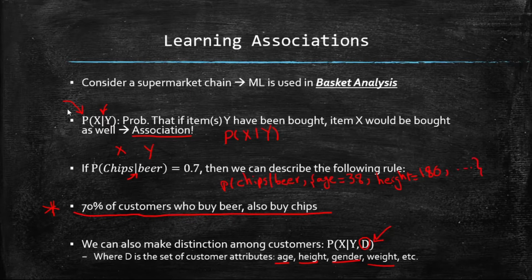So you can come up with a probability here using your machine learning algorithm, so that is 0.80, right? So then that would mean that if a customer is 38 years old and their height is 180 and they have bought beer, the probability of them also buying chips is 0.80, or 80% of such customers who buy beer would also buy chips. And that is called the basket analysis.